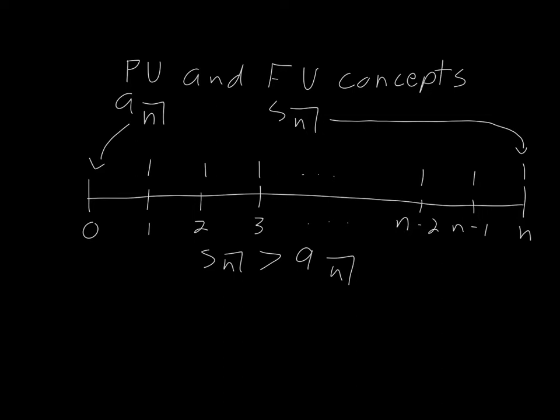Because if our interest rate is greater than 0, we're earning interest, future value will always be greater than present value. Now, one more thing we can compare this to: how does this compare to n?